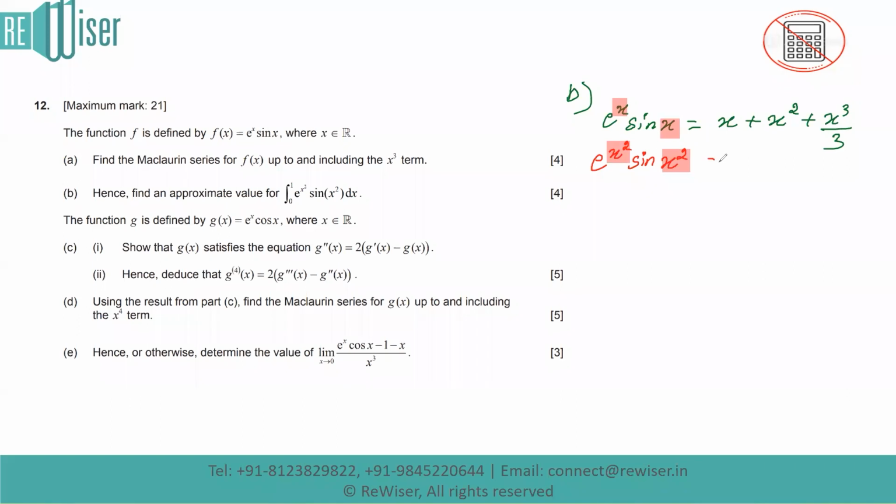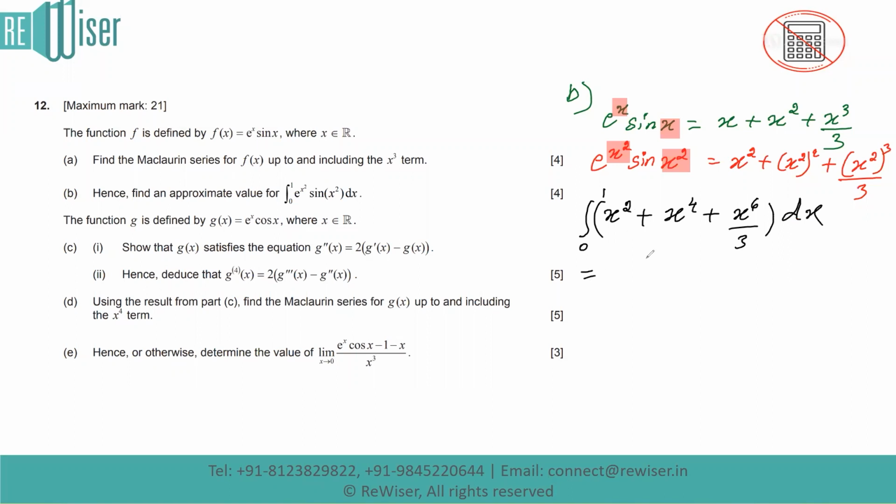So when I do that, it's going to be x squared plus x squared whole square plus x squared whole cube divided by 3. And we just need to integrate this between the limits 0 to 1. So 0 to 1 of x squared plus x to the power of 4 plus x to the power of 6 over 3.